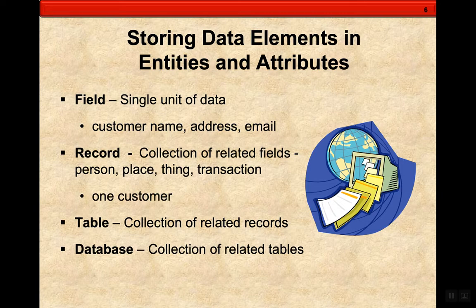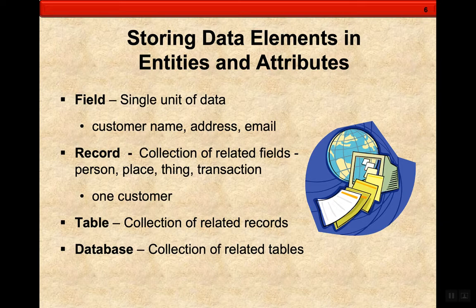If you take a collection of fields, that gets called a record. For example, first name, last name, address, phone number and date of birth, all of those individual attributes combined make up what we call a record, which is a row.